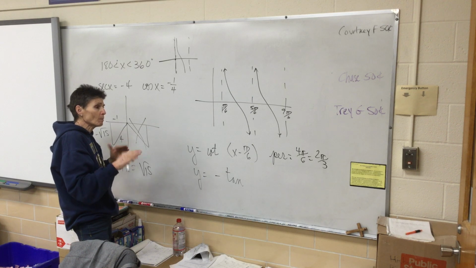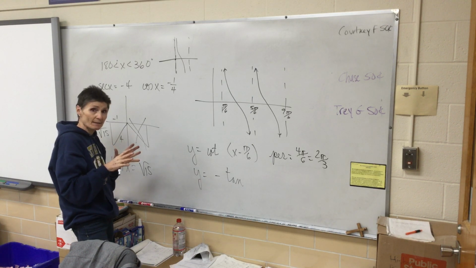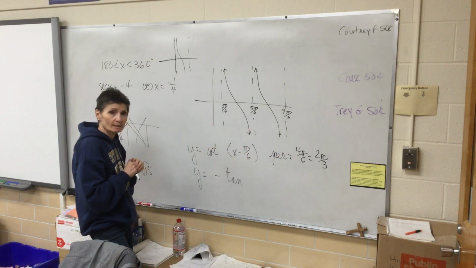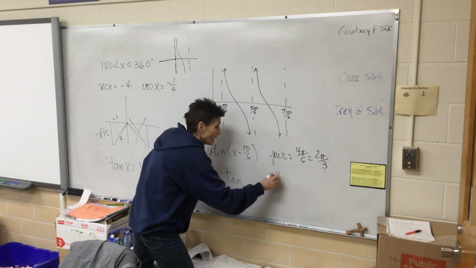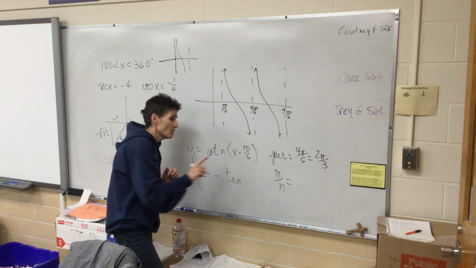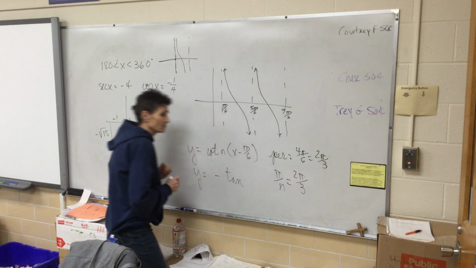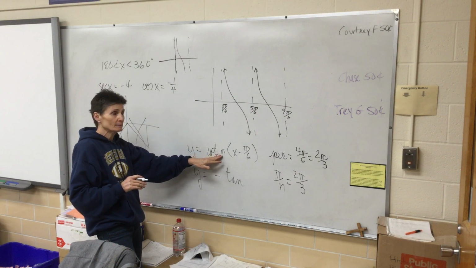Now, the normal period of the cotangent is pi. This one is 2 pi over 3. So there's a number here that when I divide pi by it, because pi is the normal period, I get 2 pi over 3. The normal period of the cotangent is pi.